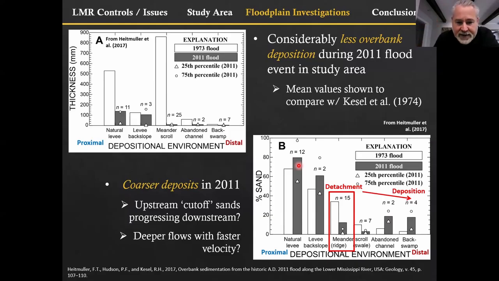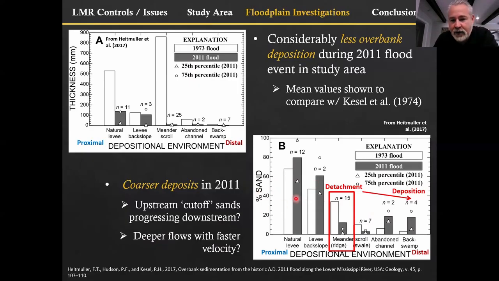So what this indicates is that we potentially see deeper flows with faster velocities that are pushing more sand into some of these more distal environments than we experienced in 1973. But the meander scrolls again were a little bit more of an anomaly, probably as a result of all of that sand availability in the decades following a low flood frequency period along the Mississippi River. So we're seeing a little bit of changes, and we'll come back to this later when we take a look at floods that occurred more recently in 2018, 2019, and 2020.